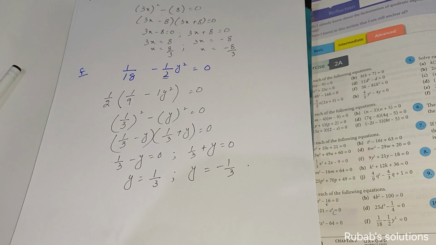It can be written as (1 by 3 minus y) and (1 by 3 plus y) is equal to 0. So 1 by 3 minus y is equal to 0, or 1 by 3 plus y is equal to 0. From here y is equal to positive 1 by 3, and from here it is equal to minus 1 by 3. So this is the end of your question number 4.